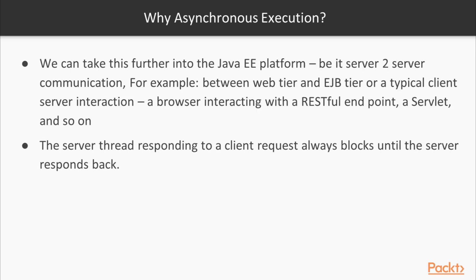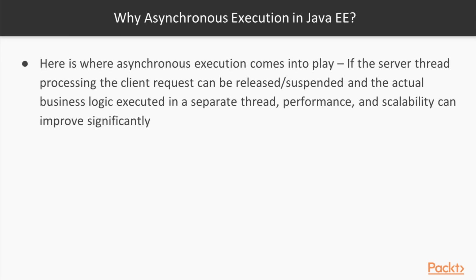Now if we take this further into the Java EE platform, for example communication between two servers or between the web tier and a client, like a browser, then the server thread will always block until the server responds back and the UI, for example, would seem frozen or blocked. So this is where asynchronous execution comes into play.